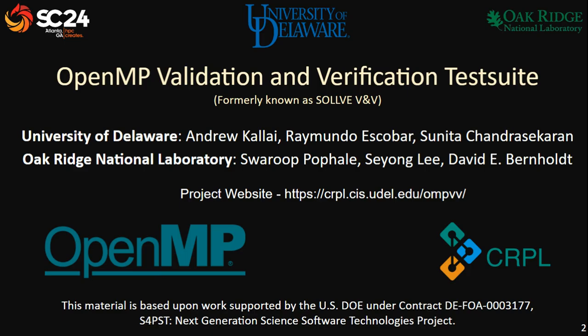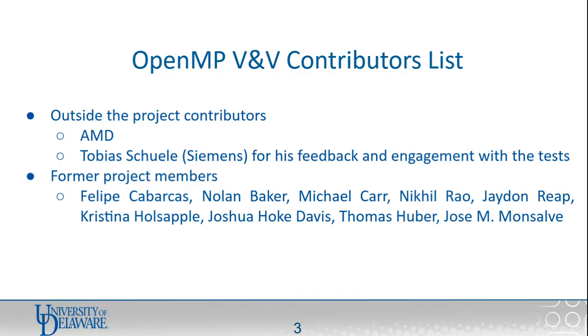This work is supported under the S4PST project in conjunction with the U.S. Department of Energy. External collaborators to the VV include members of the industry from AMD and Siemens, as well as former members of the University of Delaware.